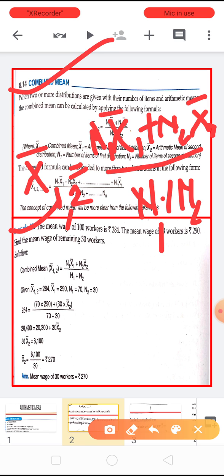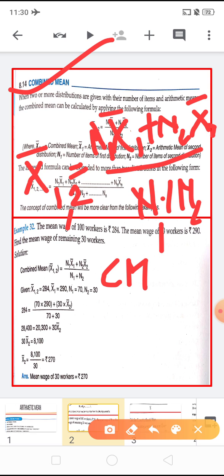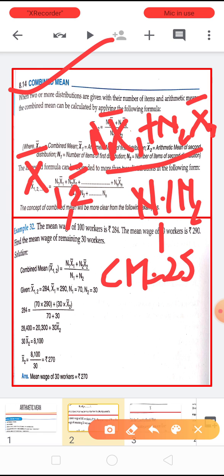Children, in front of us is a question: the mean wage of 100 workers is 284, the mean wage of 70 workers is 290, and we need to find out the mean wage of the remaining 30 workers. What is given is the combined mean, which is 284 for 100 workers.